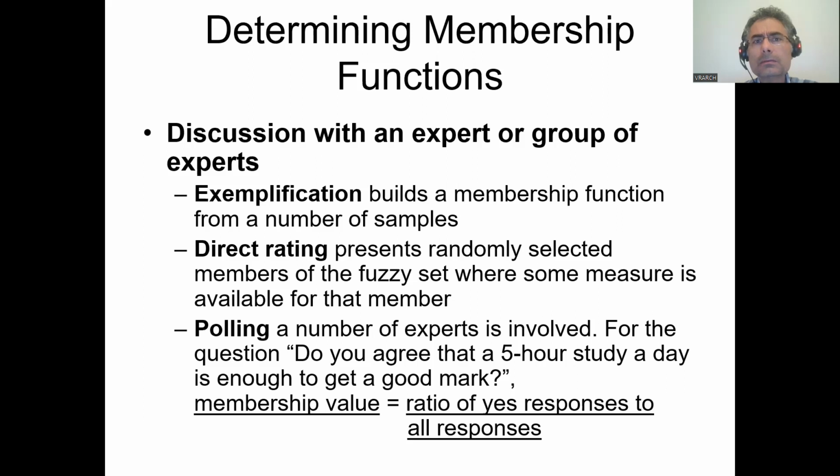Do you think it is hot or cold? And depending on the number of responses, you can do it that way. So direct rating represents randomly selected members of the fuzzy set where some measure is available for that number. So you may say, okay, 40 degrees may be 0.5 for all the groups, yeah, 2 groups.